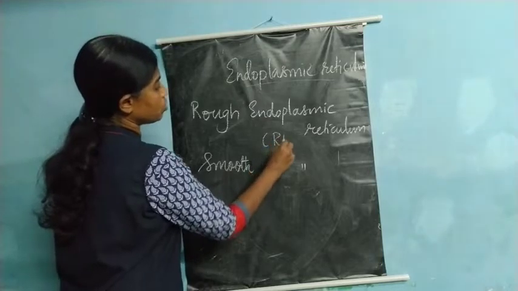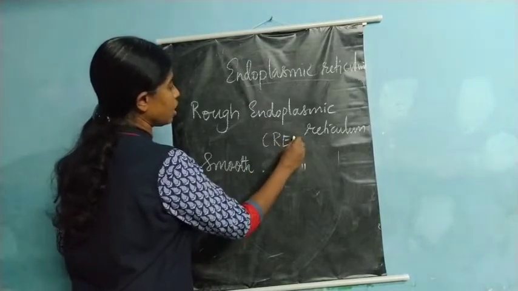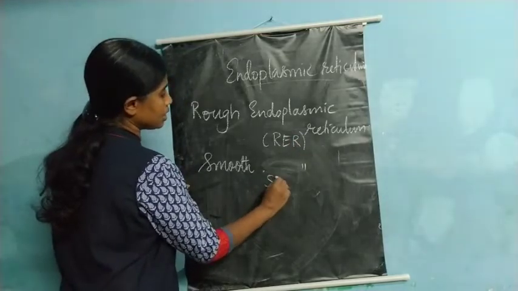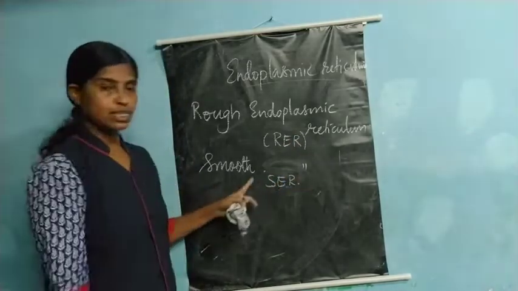Rough endoplasmic reticulum we call RER, and smooth endoplasmic reticulum is called SER.